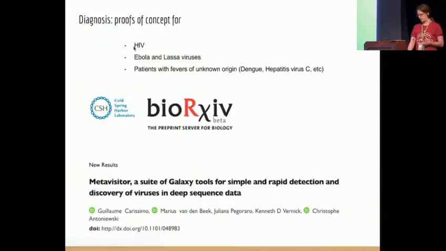We had sequencing of Ebola and Lassa virus, and we could also take just patient data, and we found, depending on the sample, infections with dengue, Hep C, and other viruses. So, yeah, it's there.